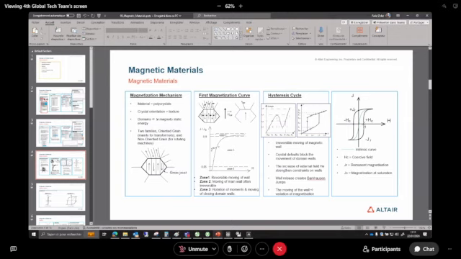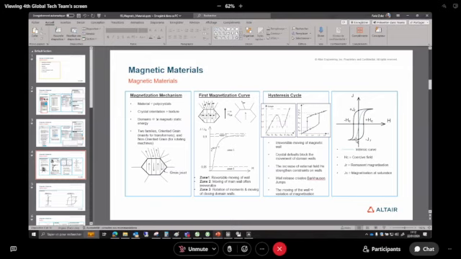Then if we reverse the orientation, we start to demagnetize the iron until having zero flux density. We continue to add more magnetic field in the opposite direction. We magnetize the material in the other direction, then we saturate the material, and then we come back on the other path until having zero magnetic field, and then we again have remanent flux density on it.